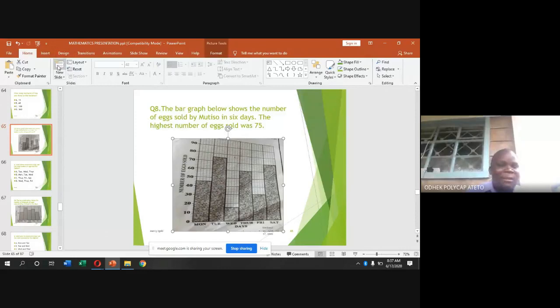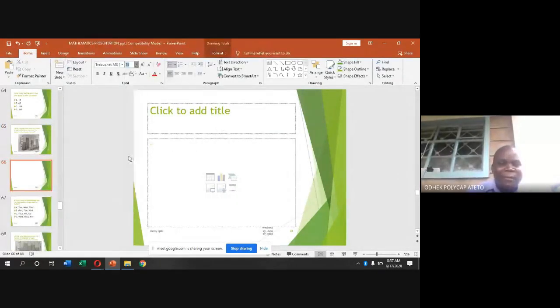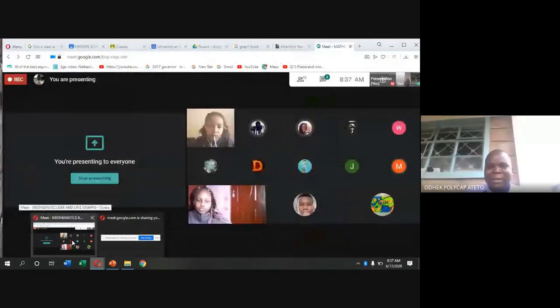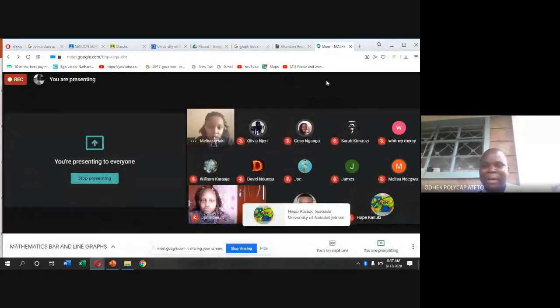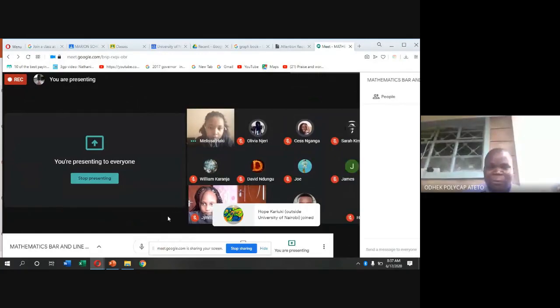So I will write vertical scale: 1 centimeter represents 10 eggs. Melissa, you have written that one in the chat. I did not see. Thank you very much for that. So 1 centimeter represents 10 eggs on the vertical axis.